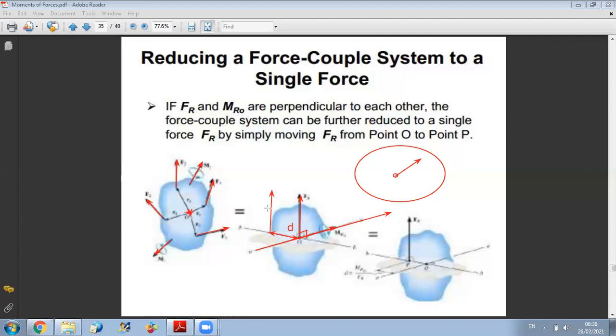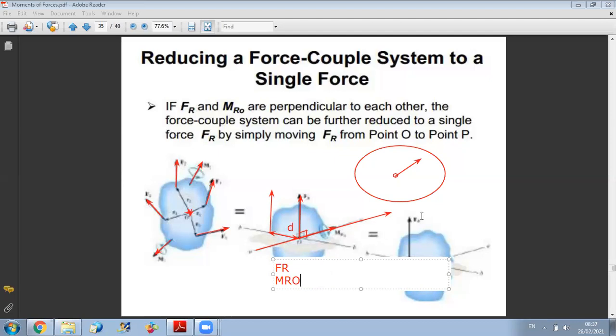The condition for equivalent systems is to have the same resultant force and the same resulting moment. So try to compare these two figures. In this figure, I reduced at O. What do I have? I have a resulting force Fr, and I have a certain resulting moment at O.